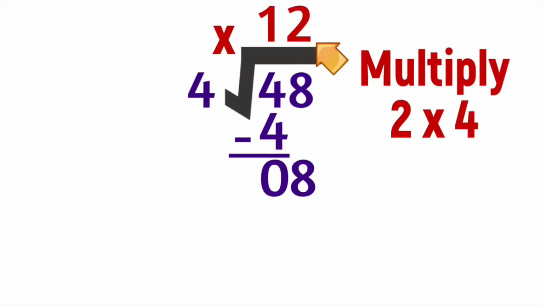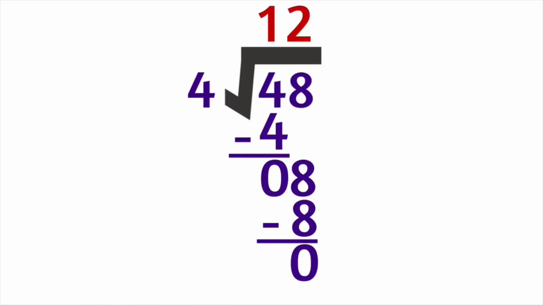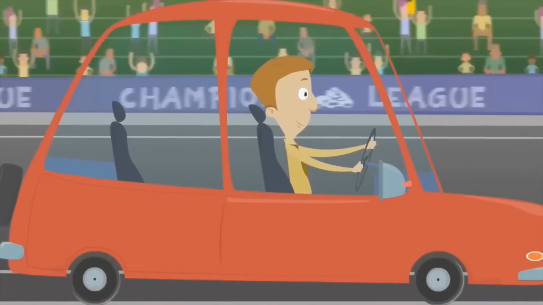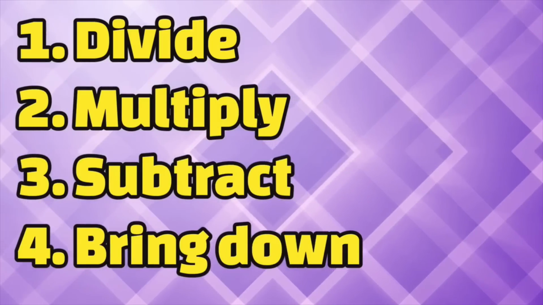Multiply. 2 times 4 equals 8. Subtract. 8 minus 8 equals 0. And there's nothing else to bring down, so we're all done. The quotient, the answer to the problem, is 12. The 4 steps in long division are divide, multiply, subtract, bring down.